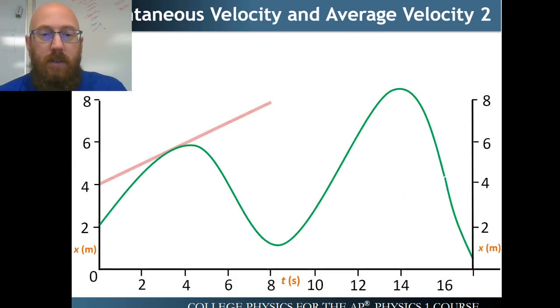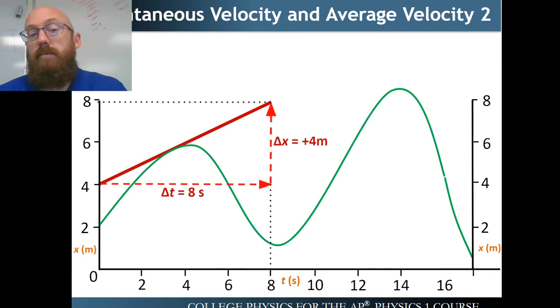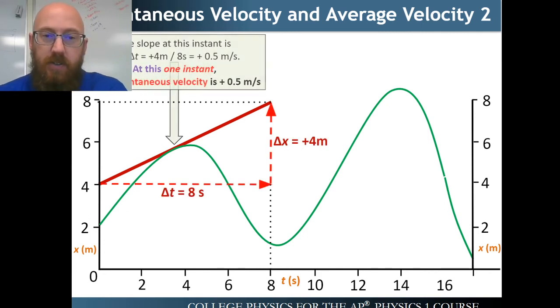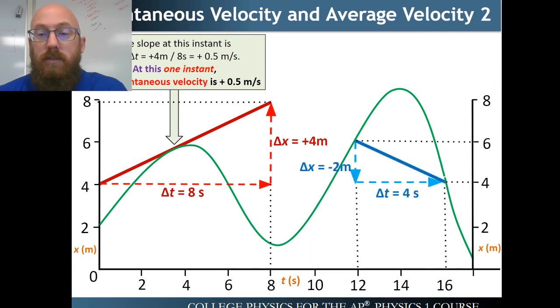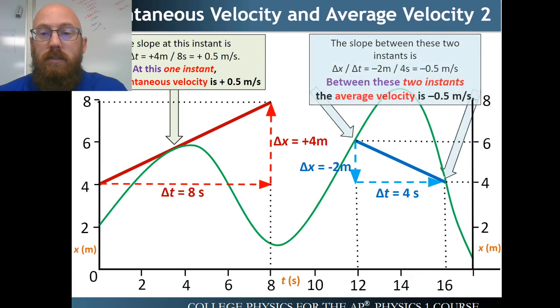Okay. Think you can do it? Rise over run. Cool. From point A to point B. Average. Again, 1 point, instantaneous.